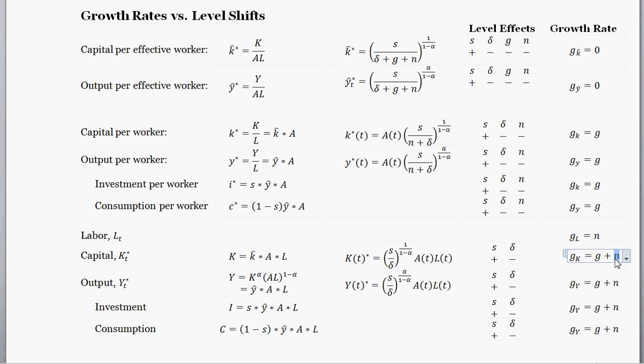So unlike the level effects we saw with the per worker and per effective worker variables, when we're thinking about aggregate amounts of capital and output, the thing that we're changing now is the growth rate. Because population growth is higher, this N is larger, that means capital and output, as well as investment and consumption, are going to be growing at a higher rate now.